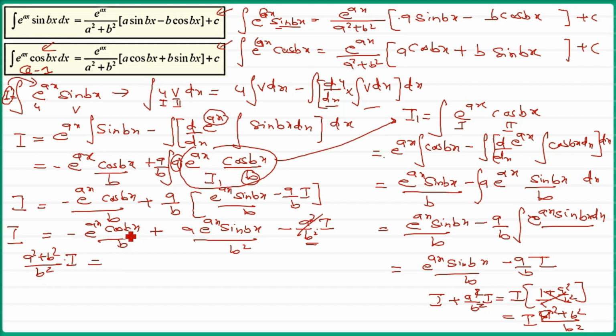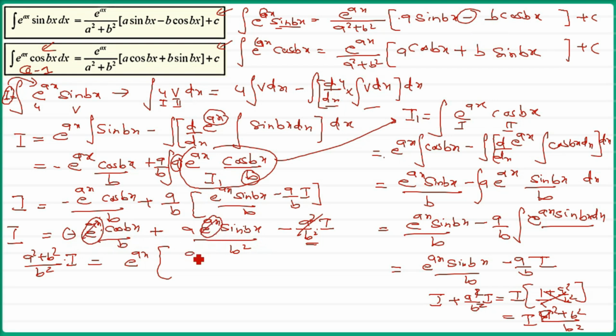And on the right, I am just swapping these two terms, because e^(ax) is already common. So you can take e^(ax) outside. Now I am swapping these two terms, sin bx first and negative cos bx outside, just to show that this matches to what I have told you earlier. Okay. So e^(ax) we have taken common.